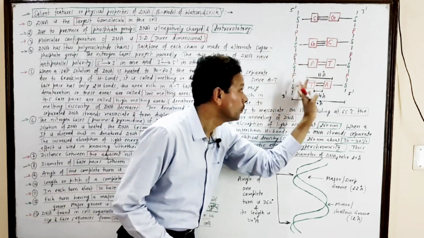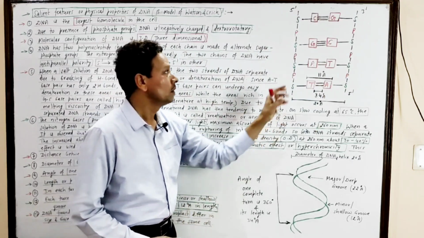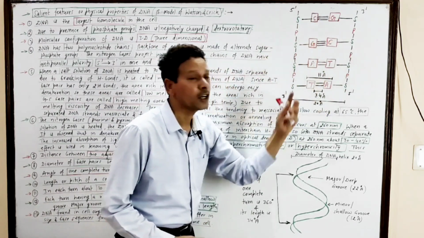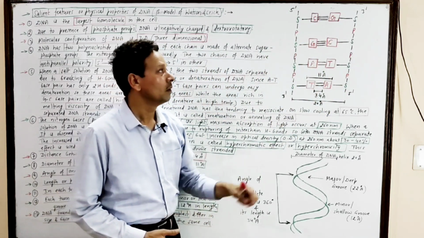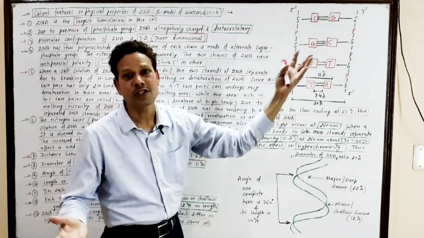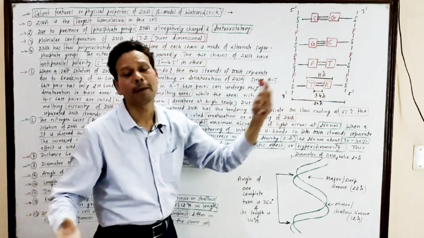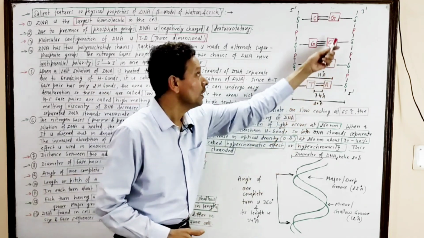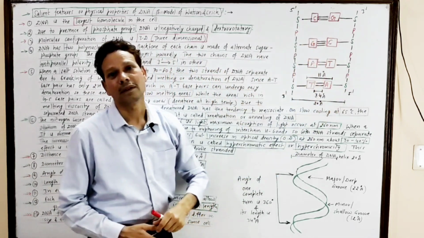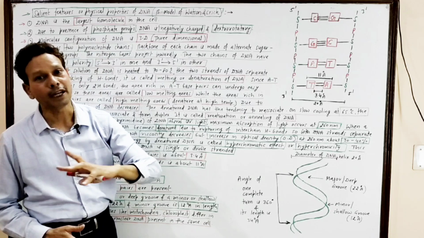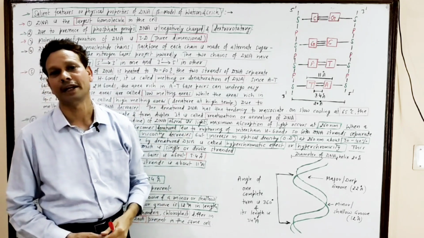Due to breakage of these hydrogen bonds, this double helical structure's both strands start to separate. That is called denaturation of DNA, or melting of DNA.